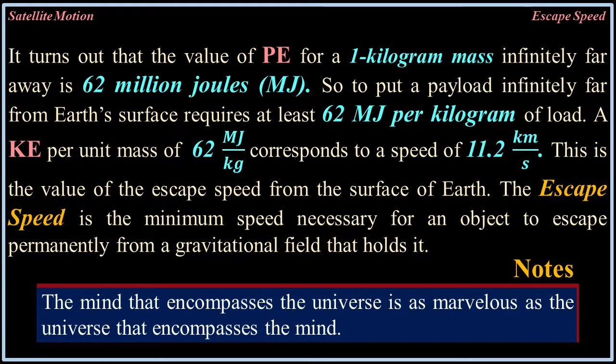A KE per unit mass of 62 MJ per kg corresponds to a speed of 11.2 kilometers per second. This is the value of the escape speed from the surface of Earth.